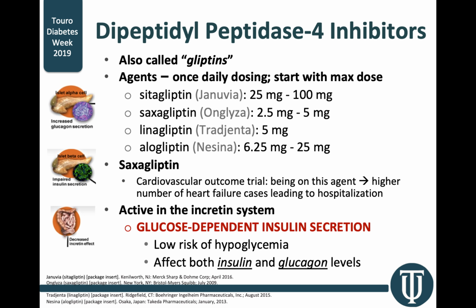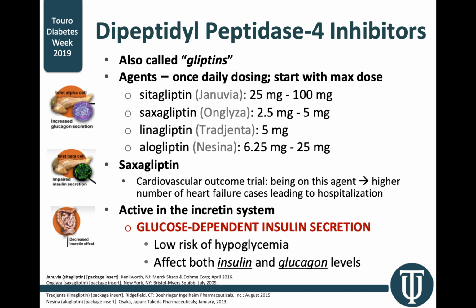In terms of the name of the drugs, whenever you see gliptins, they are an agent of DPP-4 inhibitor. The good thing about this is once daily dosing, and we usually can start with the max dose. There are 4 agents in this class: sitagliptin, saxagliptin, linagliptin, and alogliptin.